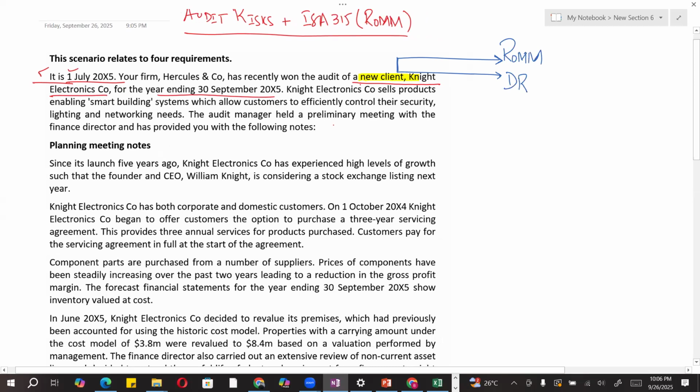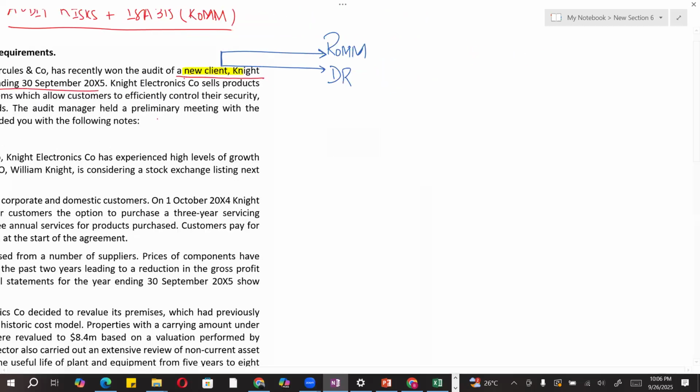Whenever it's a new audit client, there's a risk of material misstatement in opening balances. Why?